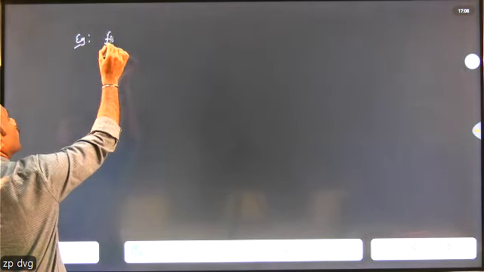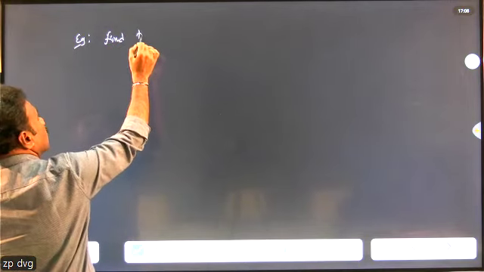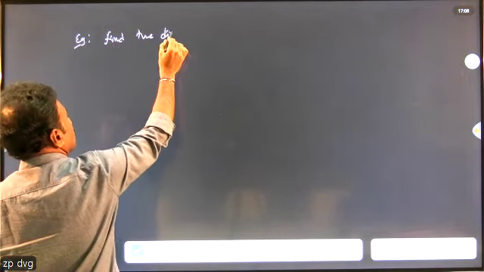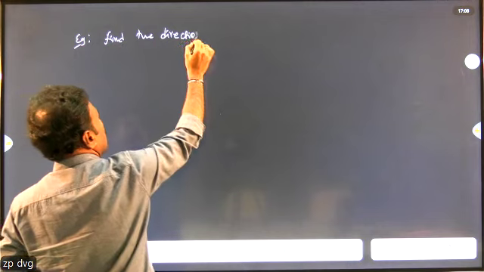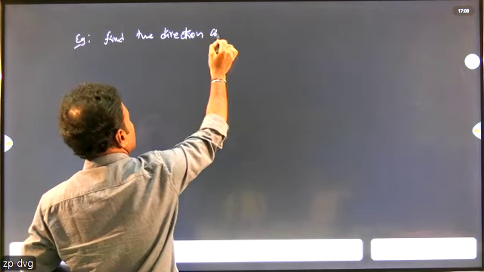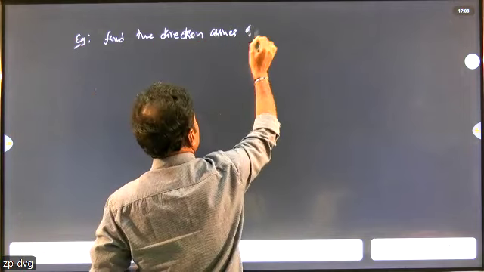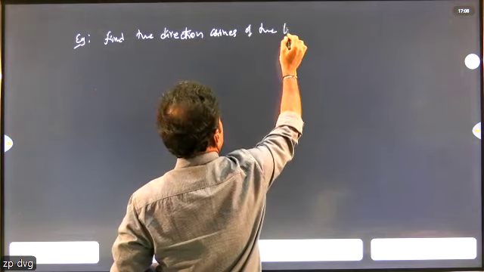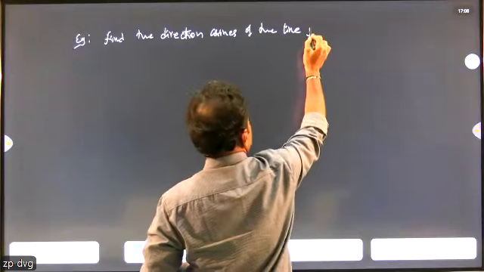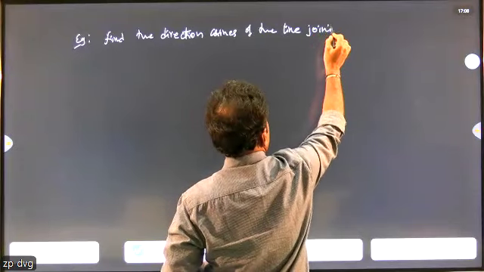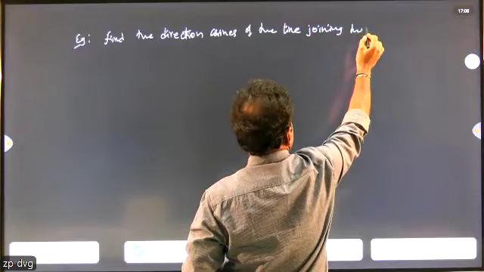Find the direction cosines of the line joining 2 points.